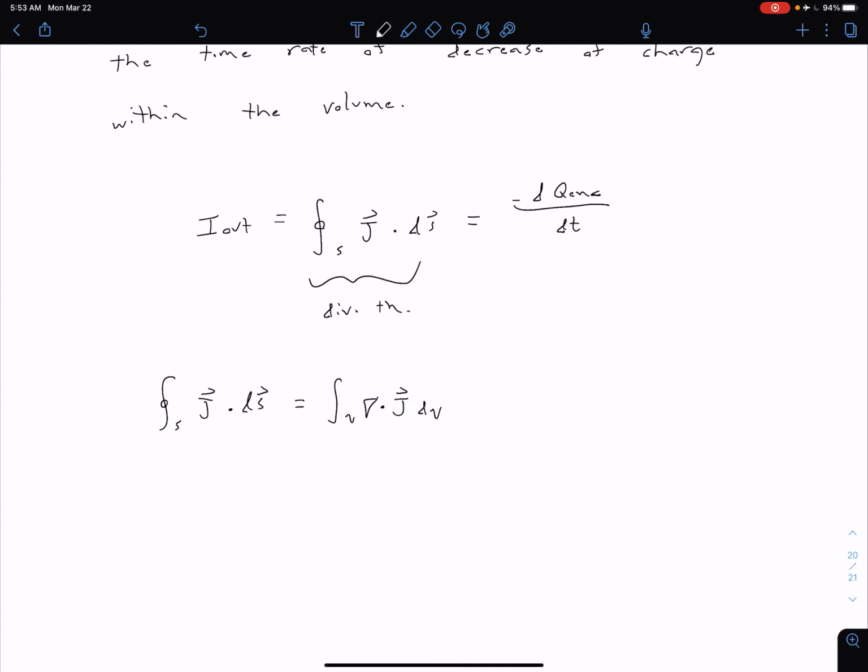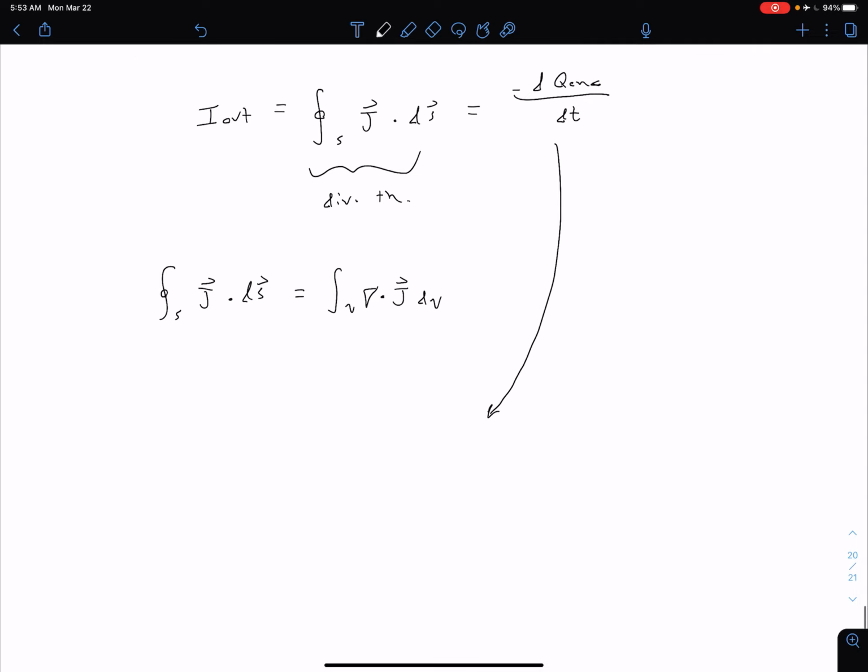All right, so now let's adjust the right side of our equation as well. We have negative derivative of Q enclosed with respect to t. I'm going to leave this d dt out front, and remember we can define our Q enclosed as the volume integral of our volume charge density.